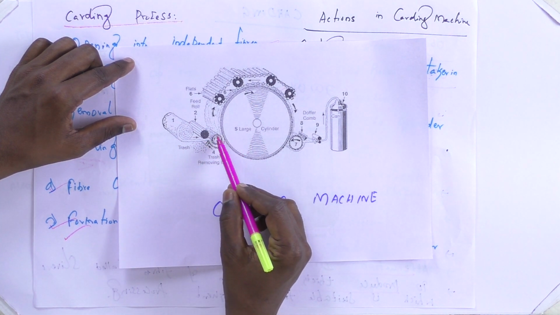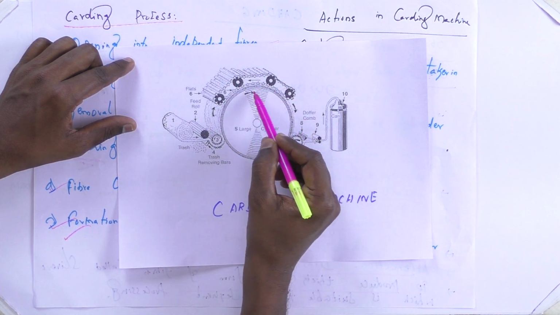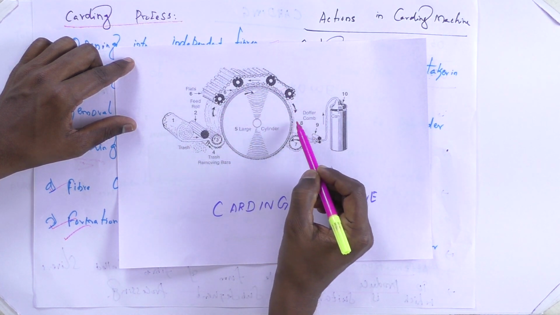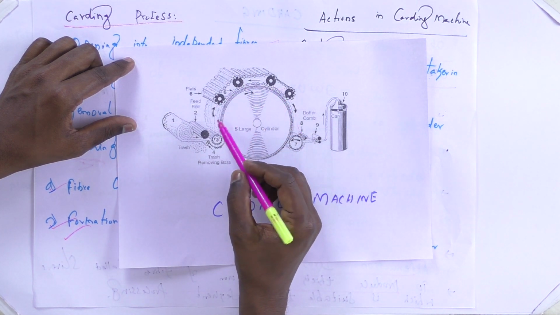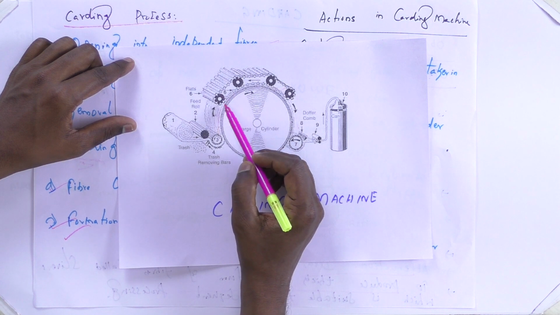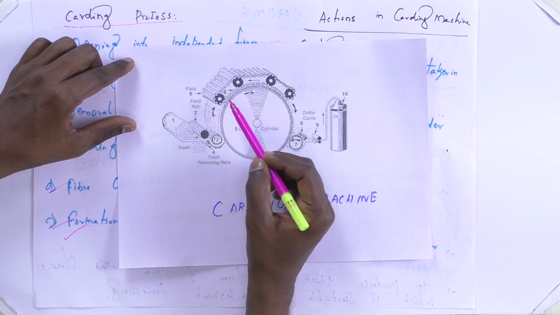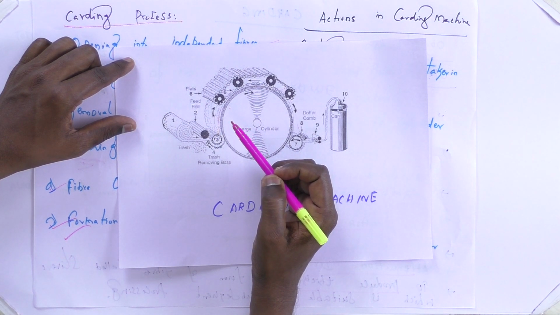After the licker-in area, it reaches the cylinder area. This is the cylinder and flat region. So the material passes through the movement of the cylinder and reaches the cylinder and flat area. This area is called the carding action area.